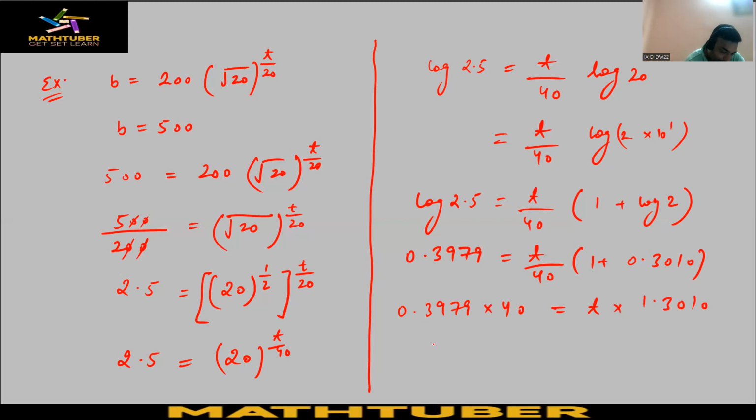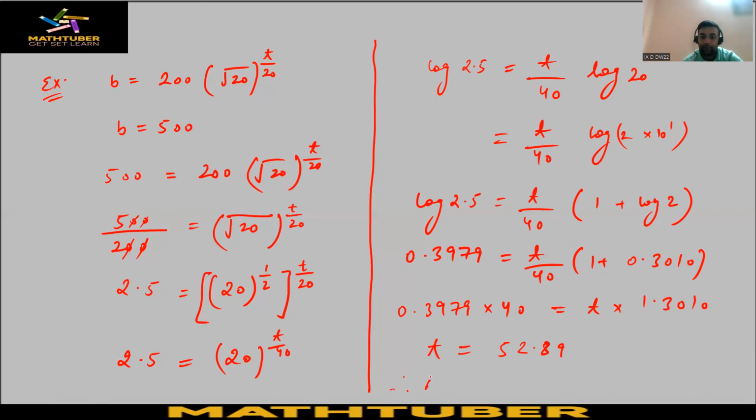And if we multiply these, you will get the answer as, after multiplying all of these, t will be equal to 52.89. So approximately after 53 hours, you will get the population of bacterial cells as 500.